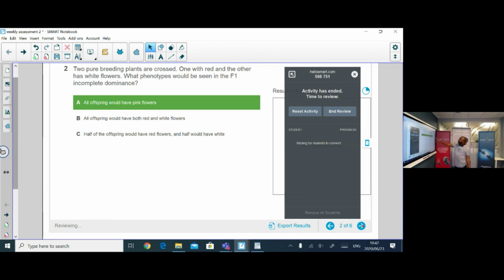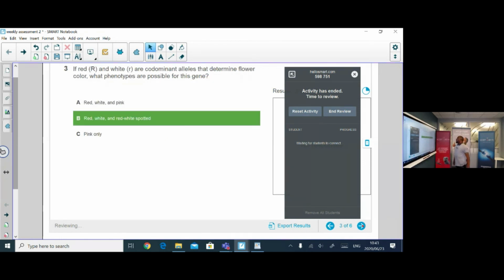Two pure breeding plants are crossed, one red, the other white. What phenotype will we see in the F1 if there is incomplete dominance? You see a blend of the two, which is pink flowers. That shows incomplete dominance. Offspring with red and white flowers show co-dominance.